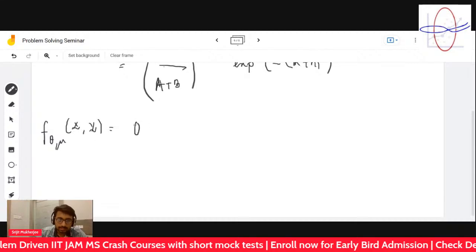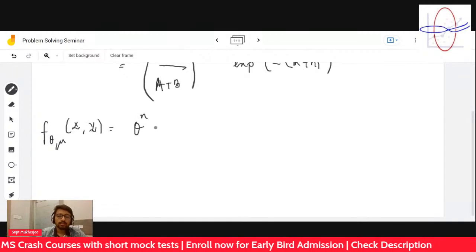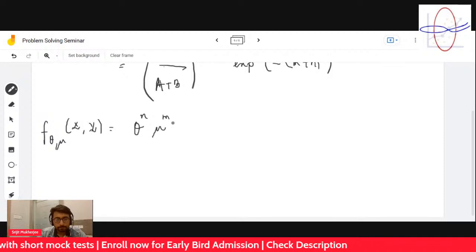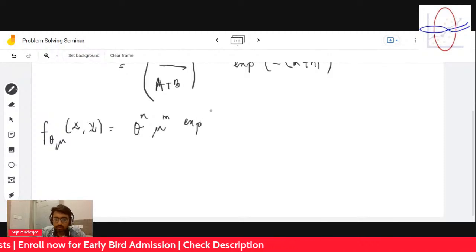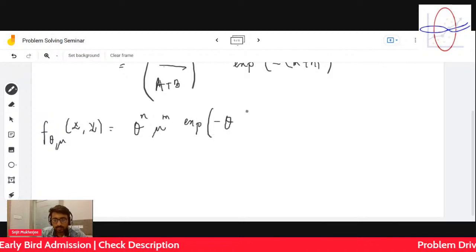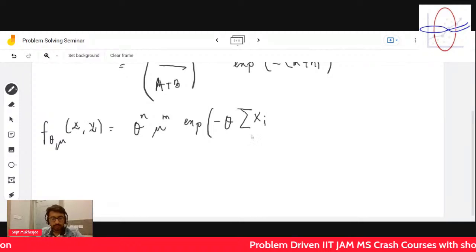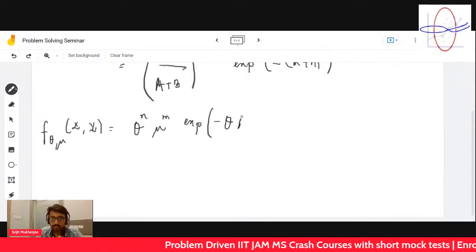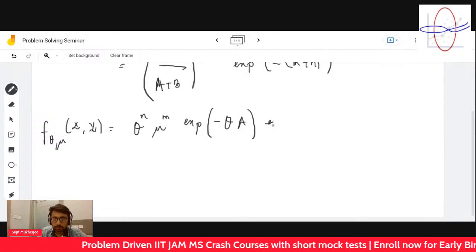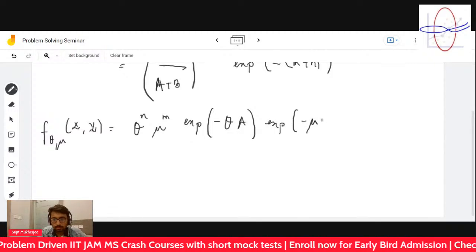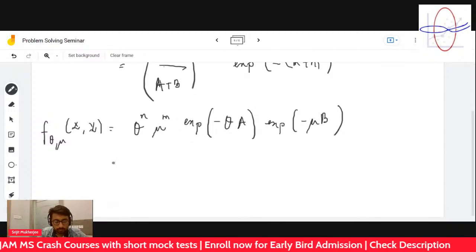It's theta to the power n times mu to the power m times exponential minus theta summation xi, you can call it a, because it's in terms of a. Here exponential minus mu, it's in terms of b.